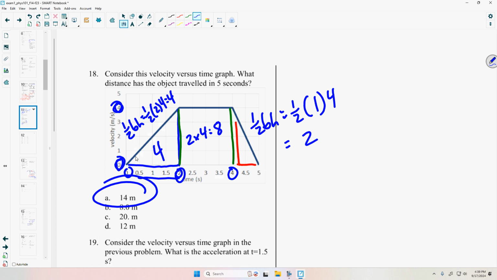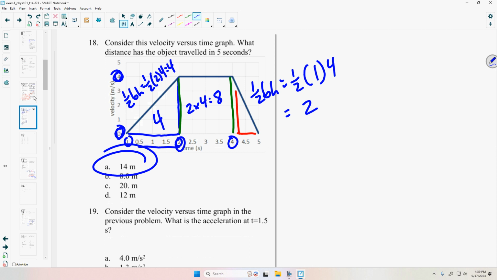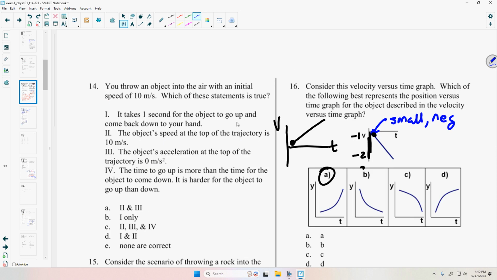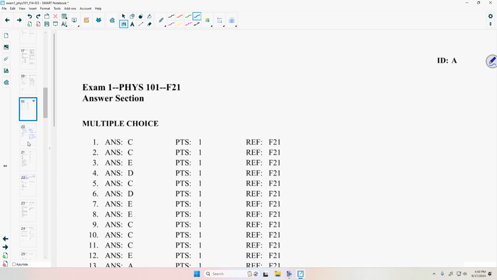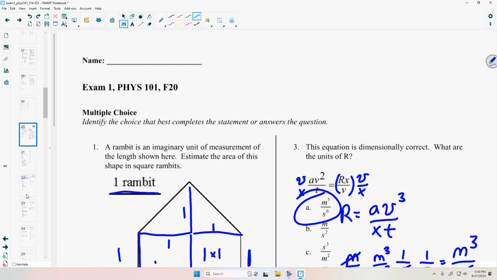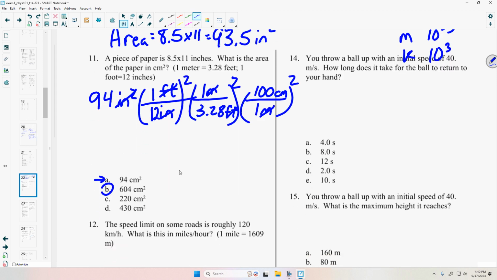Was that COVID? Yeah. So I don't think I had free response that semester.